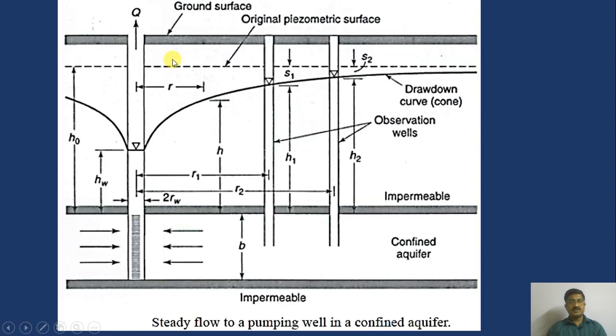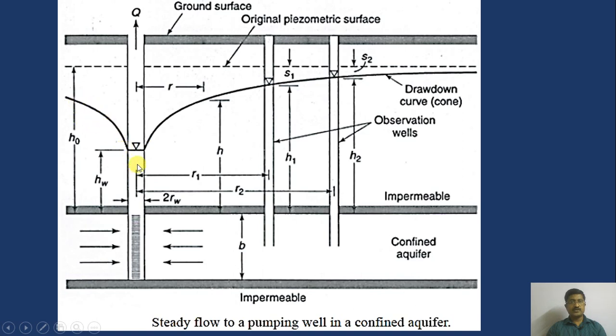Now here you can see a well which is extracting water from a confined aquifer. You can observe two impermeable layers. This is a confined aquifer, the water is present here, and we are studying the water extraction from this well. There are two observation wells. When you are extracting water, you can observe a drawdown curve here.